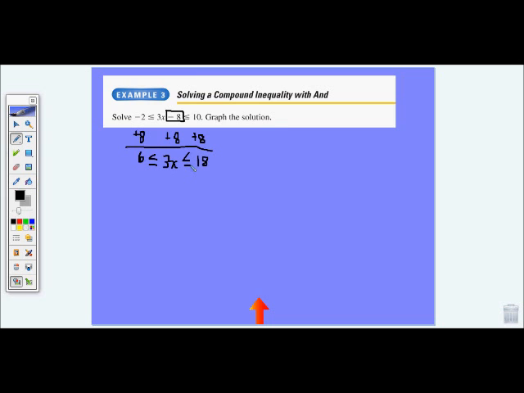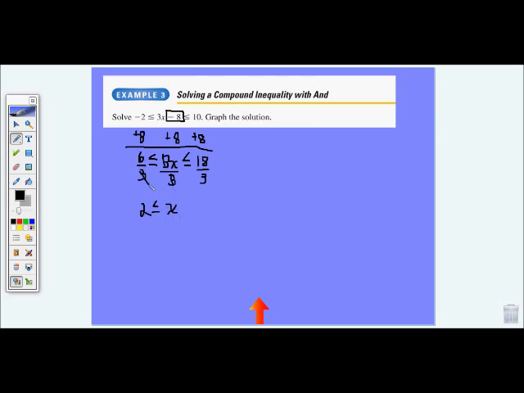Now that I have all my constant terms together, I'll go ahead and solve for my variable. To do that, I need to divide by 3, so I need to do that to each part of the equation. Instead of just the left and right, we now have 3 parts. 6 divided by 3 would give me 2. Keep your inequality symbol. 3x divided by 3 would give me x.